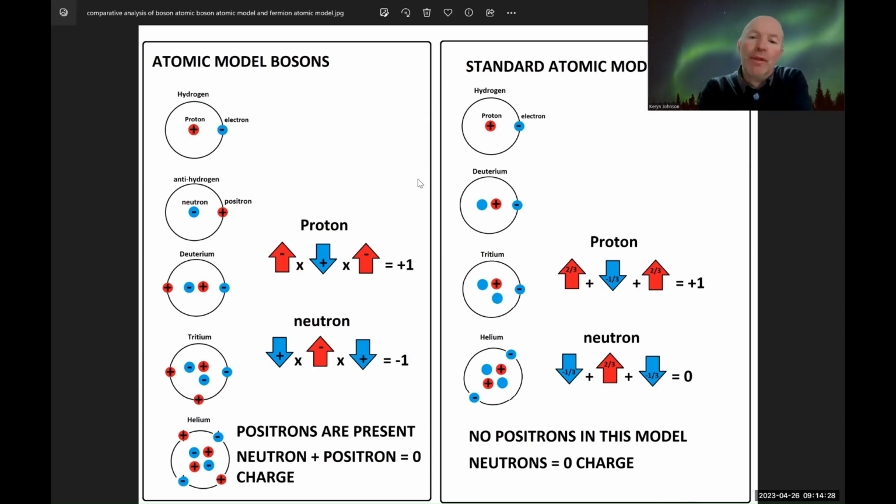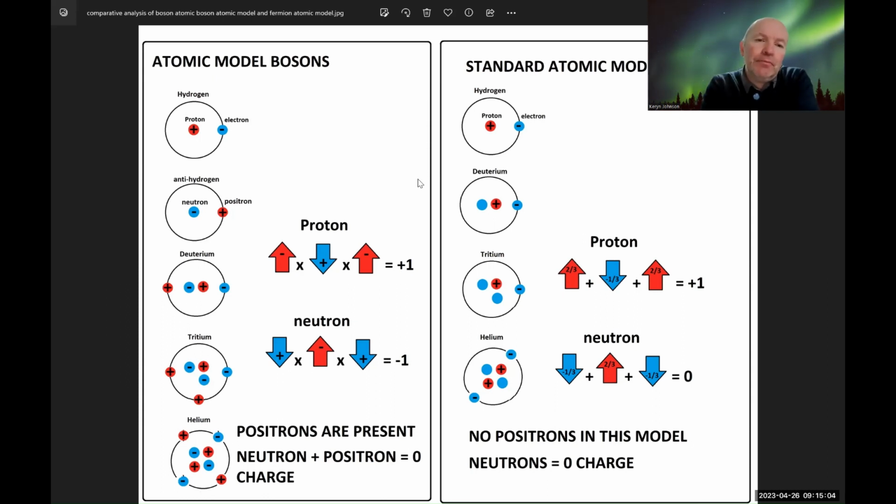In the neutron, in the standard model, we have a down quark -1/3, an up quark of 2/3, and a down quark of -1/3, and we add them together and we get an overall charge of 0. That is a model where there are no positrons and the neutron has an overall charge of 0.